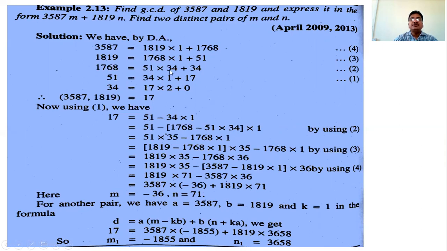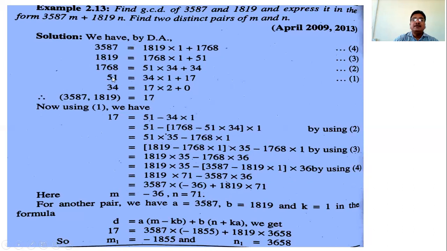Then we have 34 point something, meaning 34 is the quotient. How do we find the remainder? That is 1768 minus 51 into 34. Using the calculator, we have the answer 34, that is the remainder. So first find the quotient and then find the remainder.